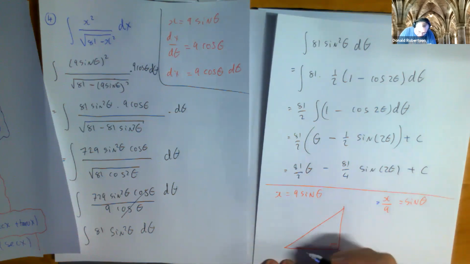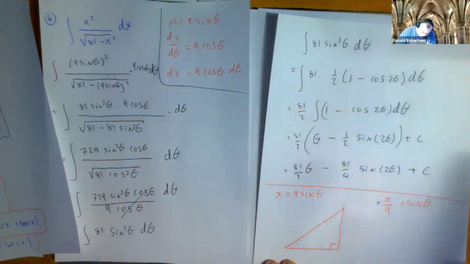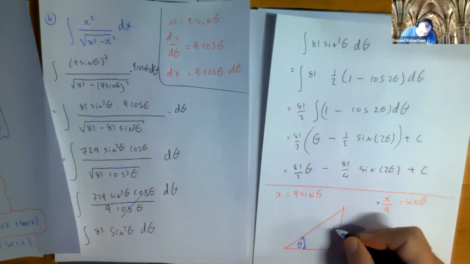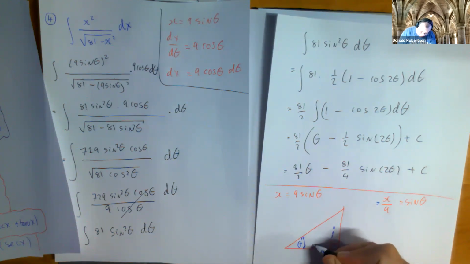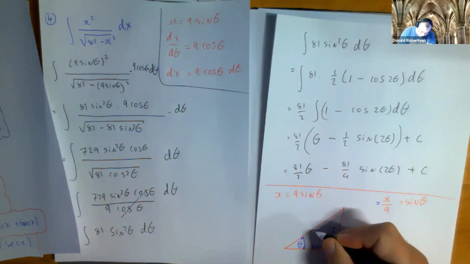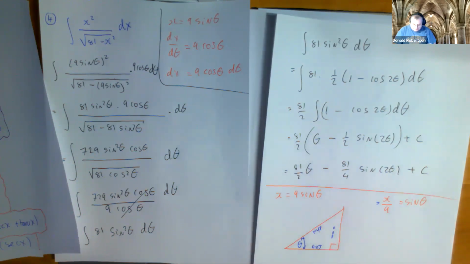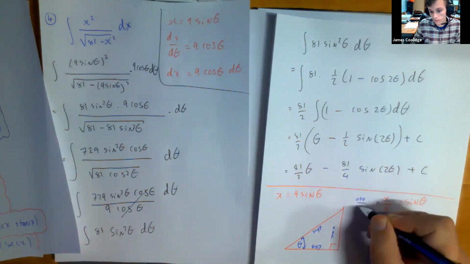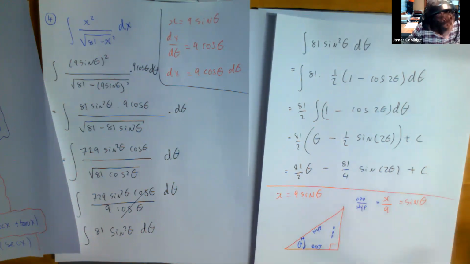According to SOHCAHTOA, what is a sine? Opposite over hypotenuse.